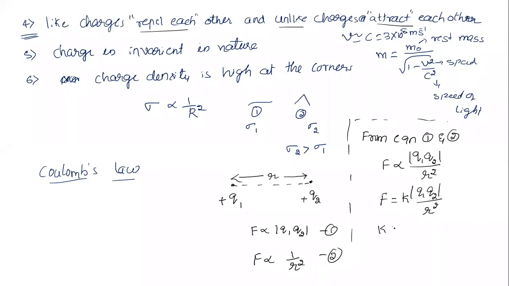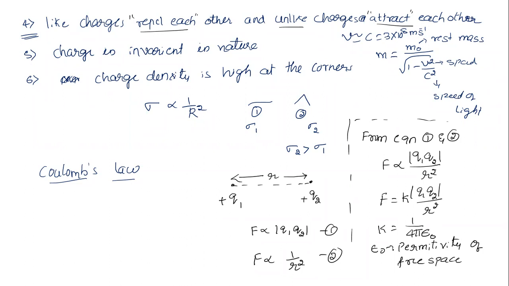This value of K is found to be 1 divided by 4 pi epsilon naught, where 4 pi is a constant and epsilon naught is what we call the permittivity of free space.